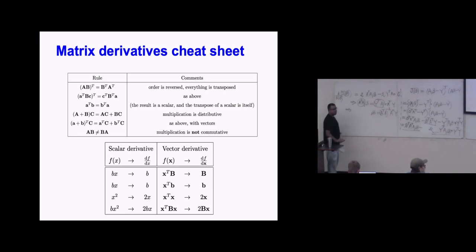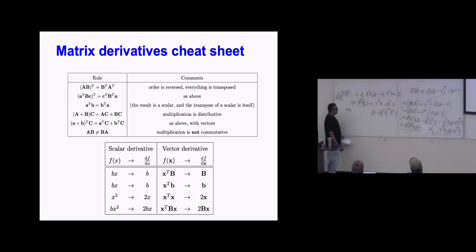Can't you just realize that the same terms can be removed? You mean like A transpose and A transpose? Yes, I'm coming to that. That's a good question.